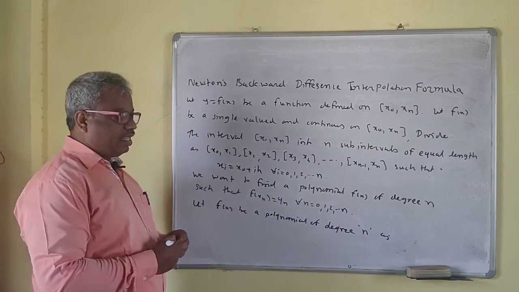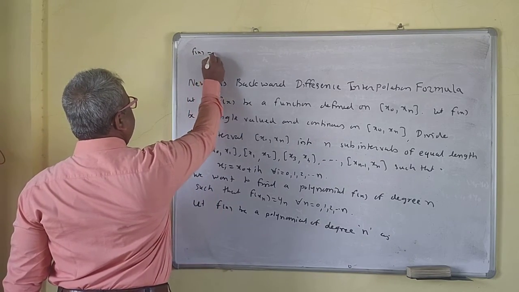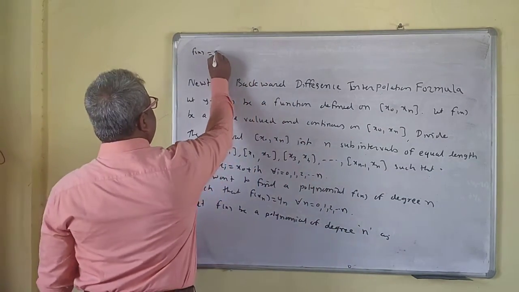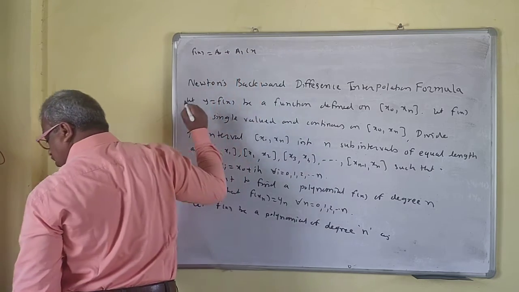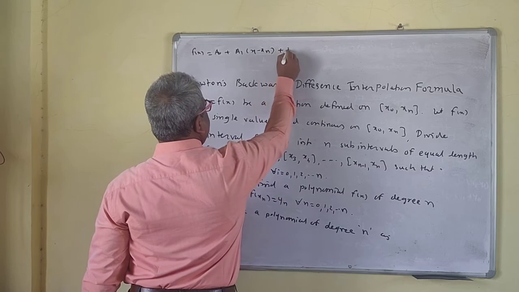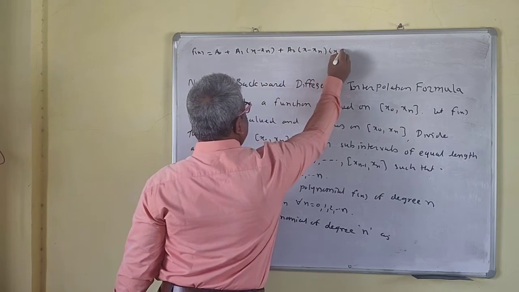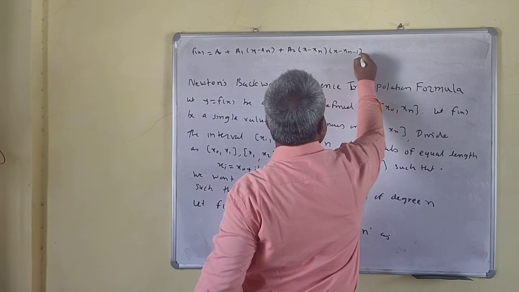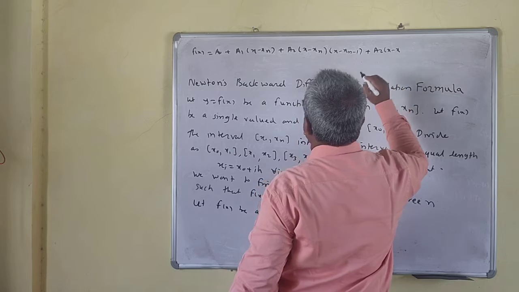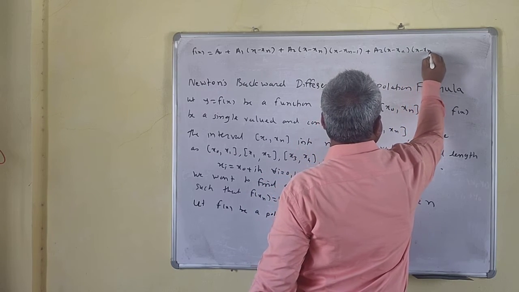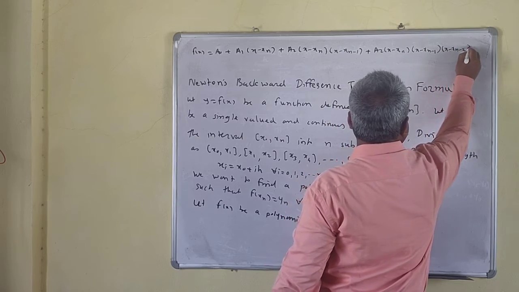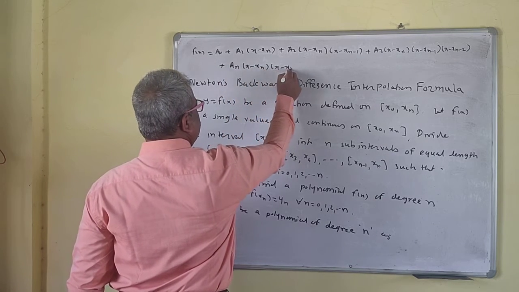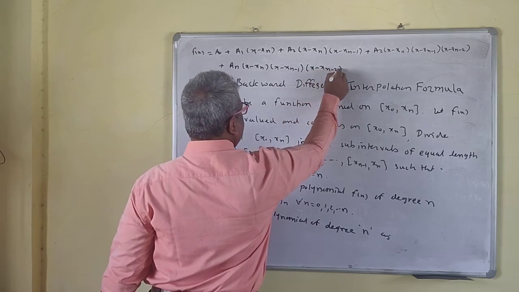So let f of x be the polynomial of degree n: f of x is equal to a0 plus a1 times (x minus xn), plus a2 times (x minus xn)(x minus xn minus 1), plus and so on, up to an times (x minus xn)(x minus xn minus 1)(x minus xn minus 2) and so on.